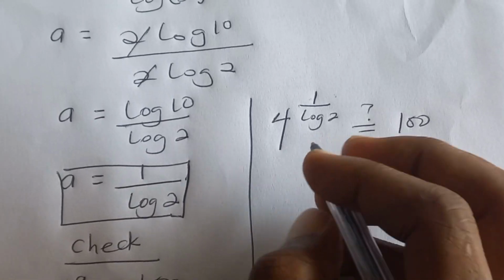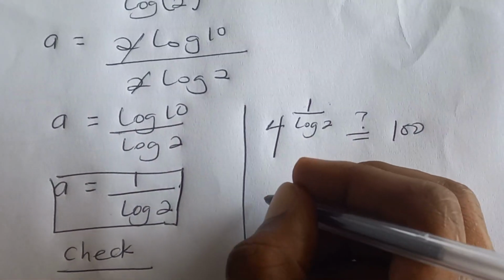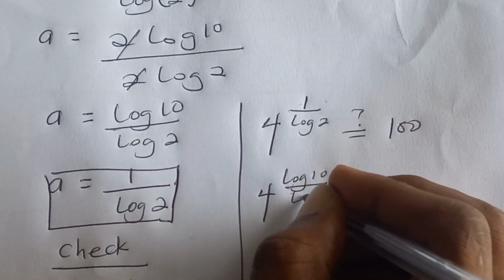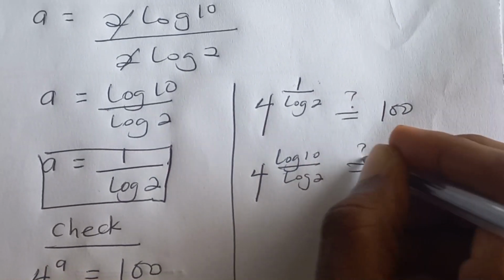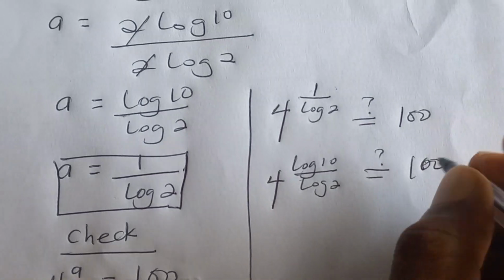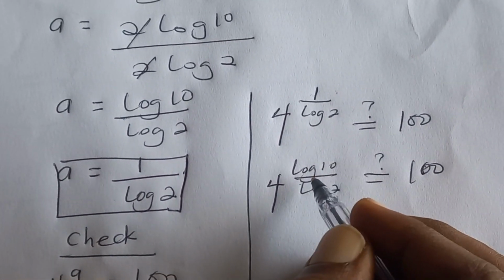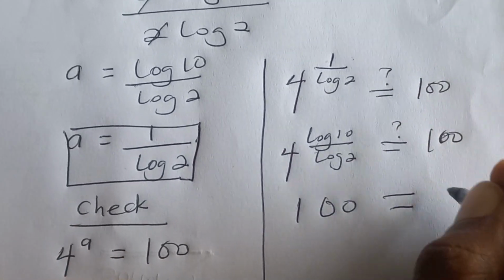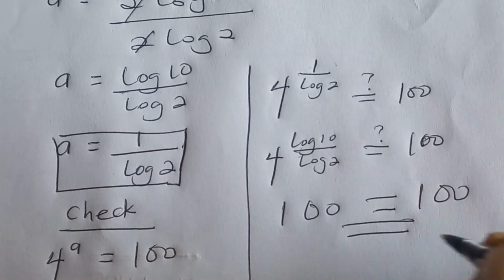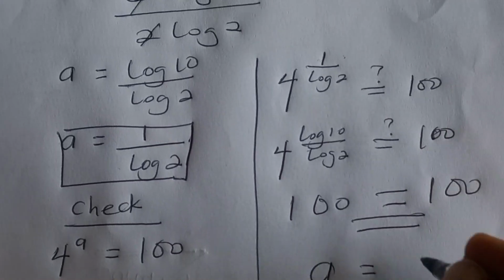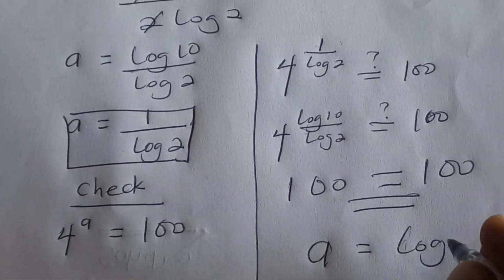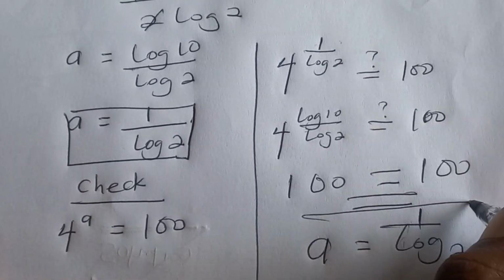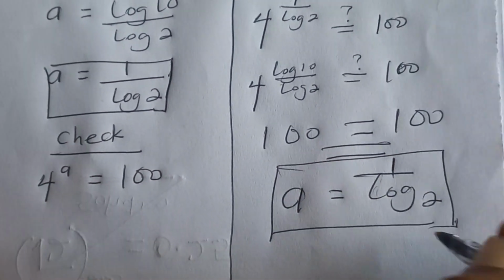Now this 1 on log 2 is the same as 4 exponent log 10 on log 2, is equal to 100. So when you use a calculator and you point this, you are getting 100 is equal to 100. So it is true that our a is equal to 1 on log 2. So this is our final answer for this expression.